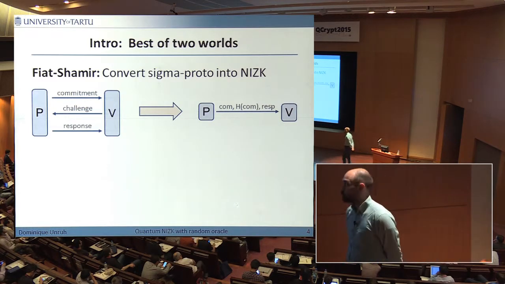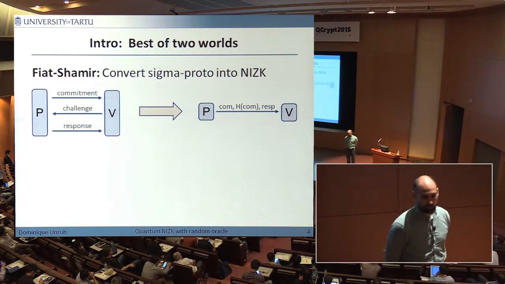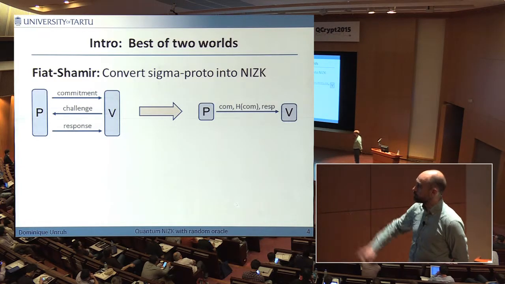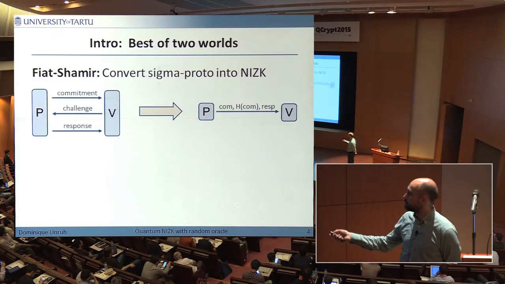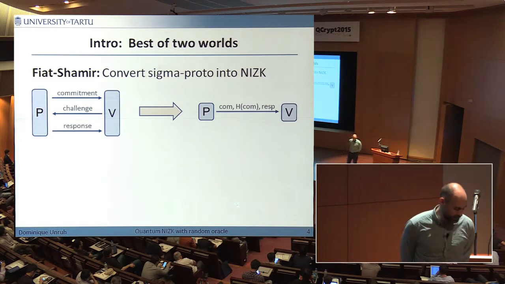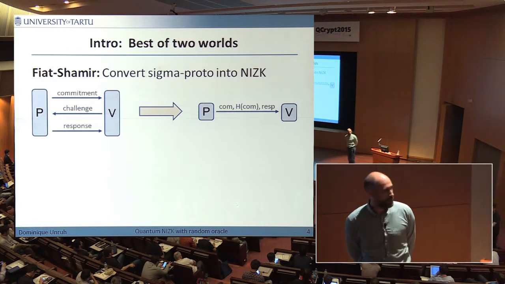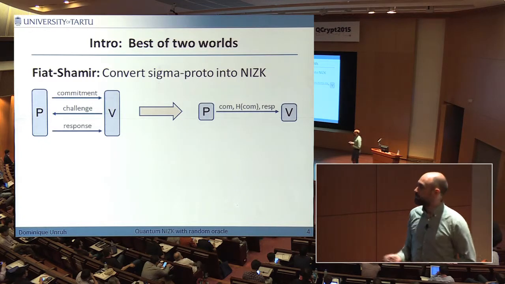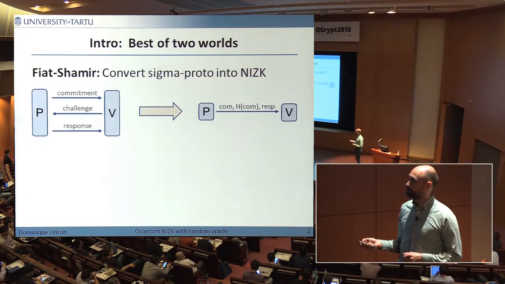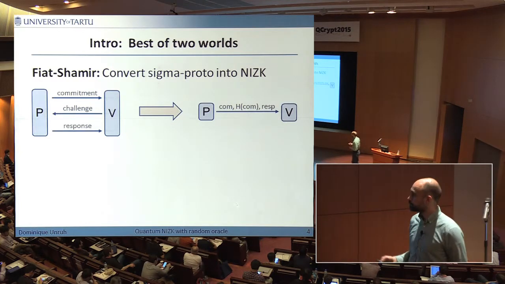And there is a relatively old result that combines the best of the two worlds. It's the so-called Fiat-Shamir construction. I think in the original paper it didn't do it in that generalized way, but basically if you take the construction and analyze it in terms of more modern concepts, what it does is it takes a sigma protocol and transforms it into a non-interactive zero-knowledge proof.